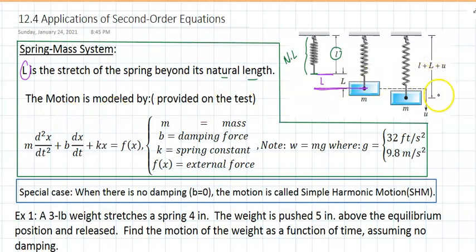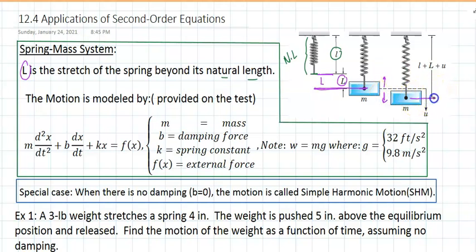Now, I could push this up or down. Basically, I attach the weight to it and I let it stand still, and I measure that L. So that's the stretch beyond its natural length. I could either pull it down or push it up.